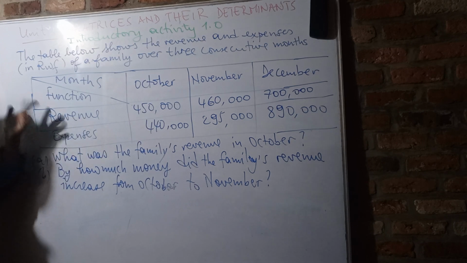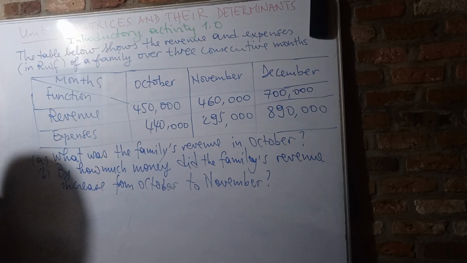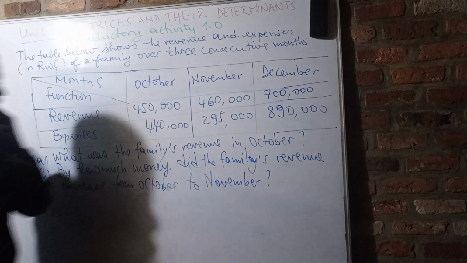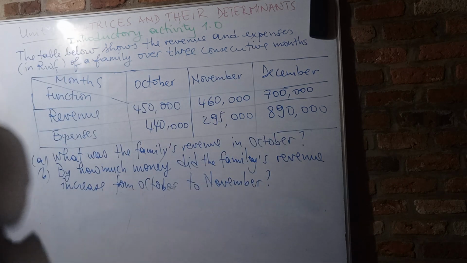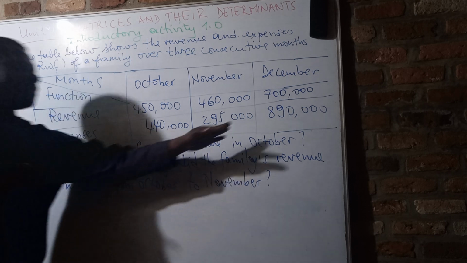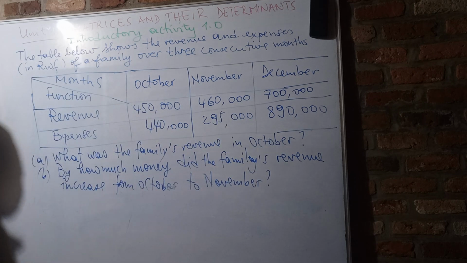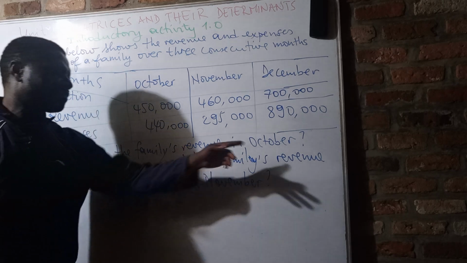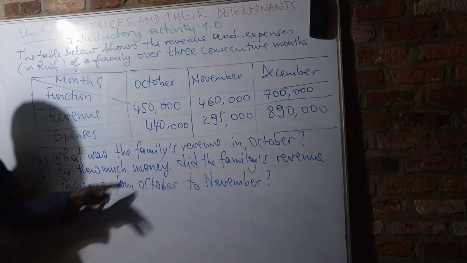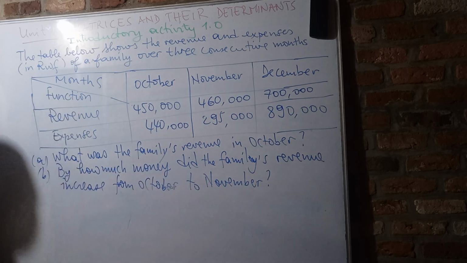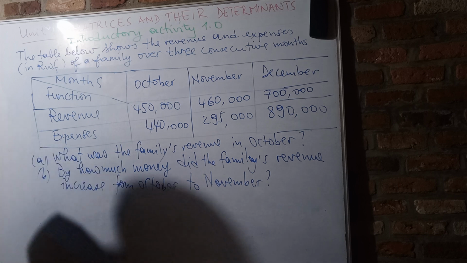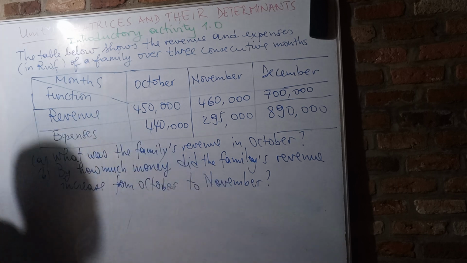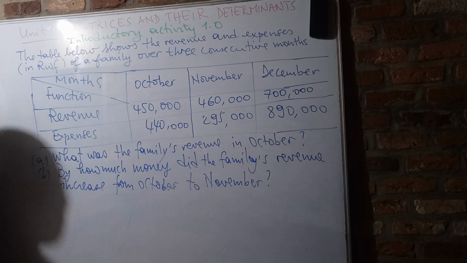Here we have revenue function, expenses function from all the 3 months. Now the one question is, what was the family's revenue in October? And the B, by how much money did the family's revenue increase from October to November? Okay, now can have a pause of like some minutes. If you are watching this video, just pause to answer these two simple questions.